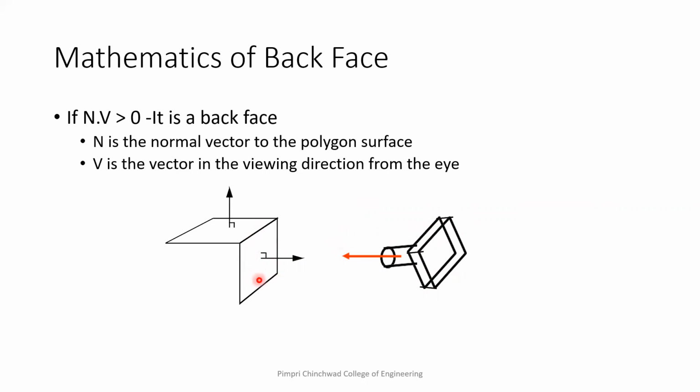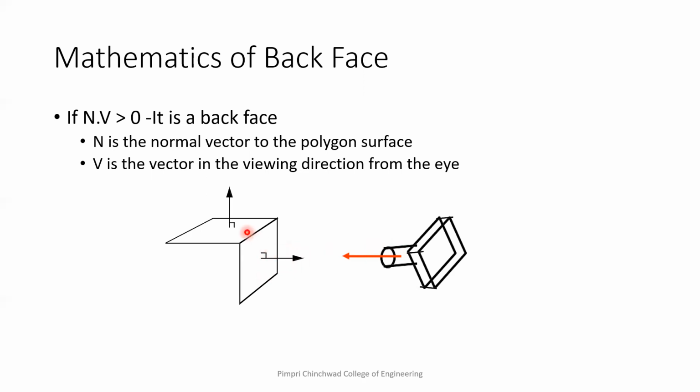What is a normal vector? A vector which will be perpendicular to the surface. So this is the normal vector for this face. I will be checking the value of n dot v, the dot product of this vector and this vector. If that is greater than 0, we will be saying it is a backface.